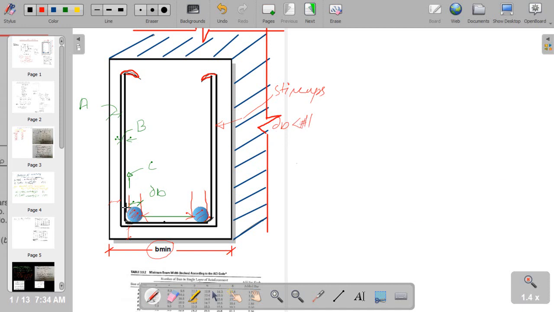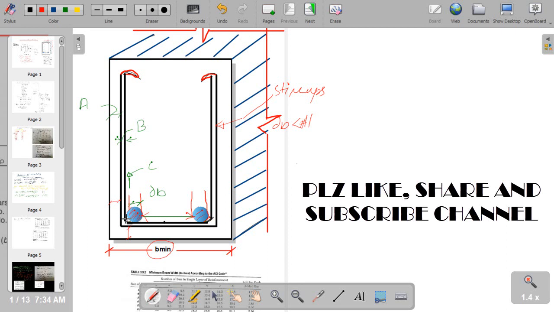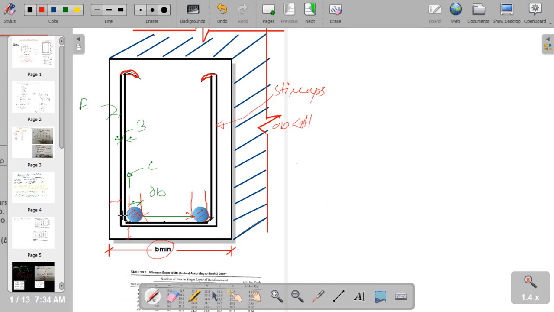Because the bend of this stirrup is wide and the bar diameter is small, the bar cannot be completely fixed against the stirrup leg. So there is a gap, and that gap is denoted by C.